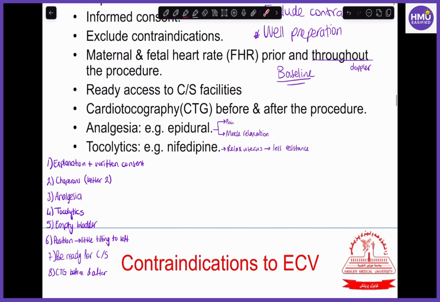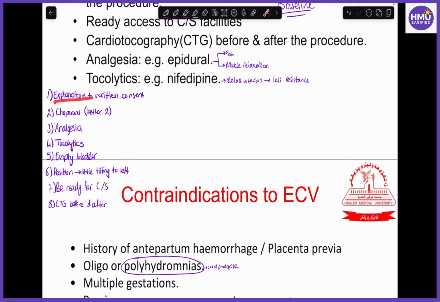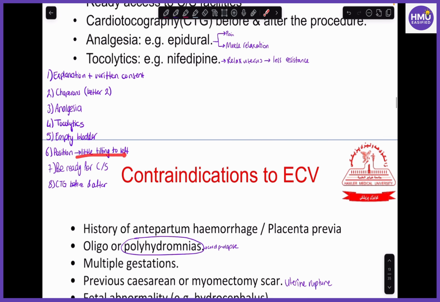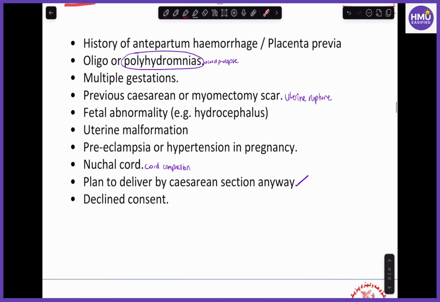We should also be ready for C-section, with CTG before and after the procedure, analgesia, epidural to reduce pain and cause muscle relaxation, and tocolytics such as nifedipine to relax the uterus so the presenting part has less resistance. Also explanation, written consent, chaperones are better too, empty bladder, and position with a little tilt to the left.